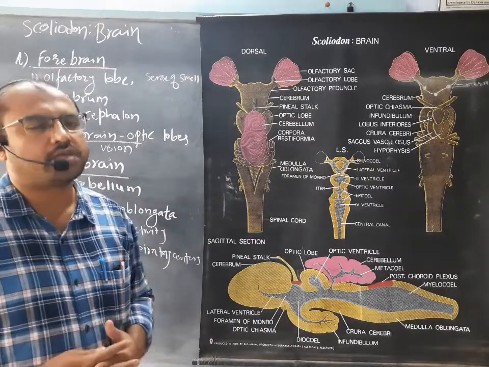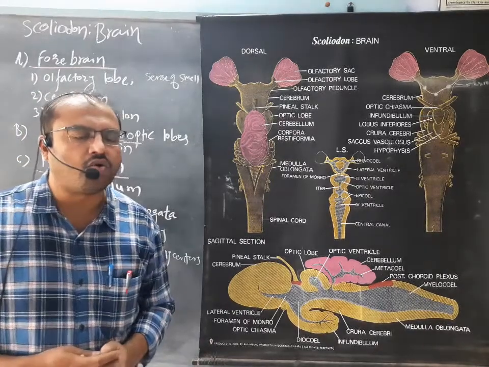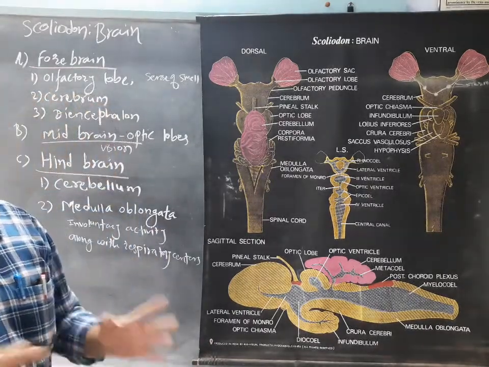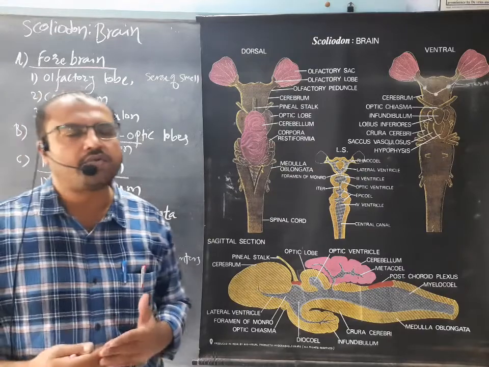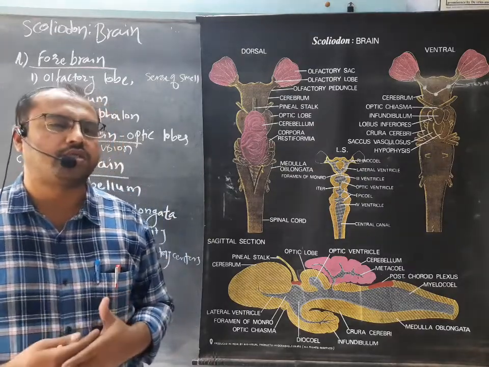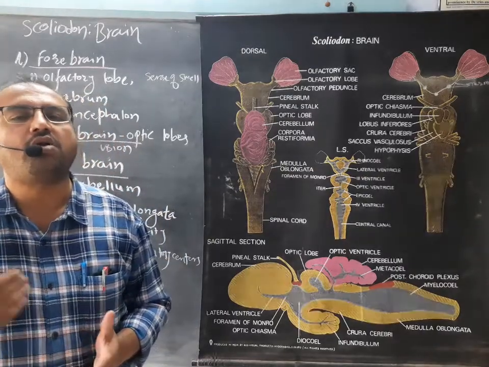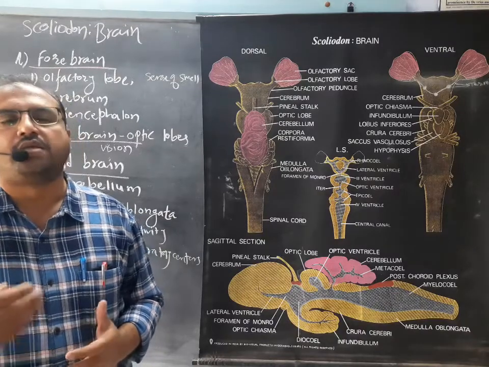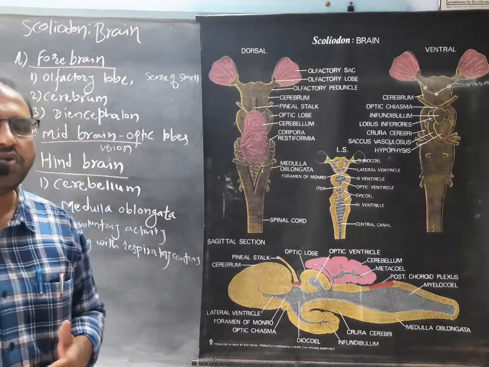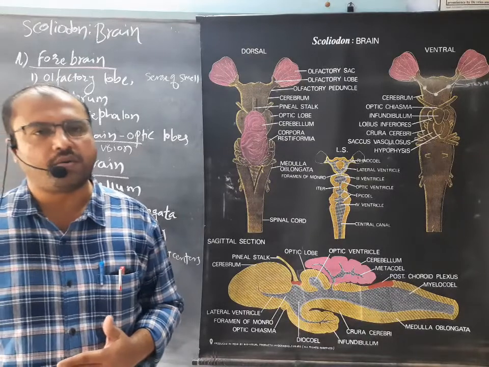In case of the nervous system of any individual, as you know, the nervous system is generally studied in parts: central nervous system, peripheral nervous system, and sympathetic or autonomic nervous system. The central nervous system includes the brain and spinal cord.